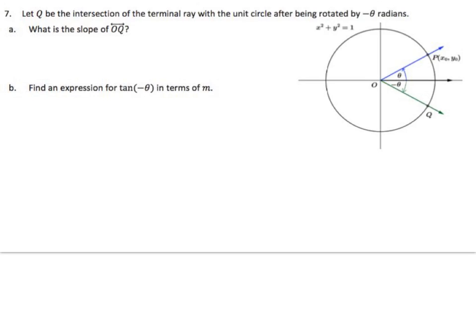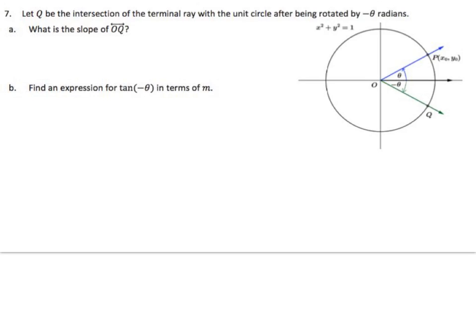Let Q be the intersection of the terminal ray with the unit circle after being rotated negative theta radians. So we're rotating the same distance backwards, which is sort of a reflection over the x-axis. Part A, what is the slope of line OQ?